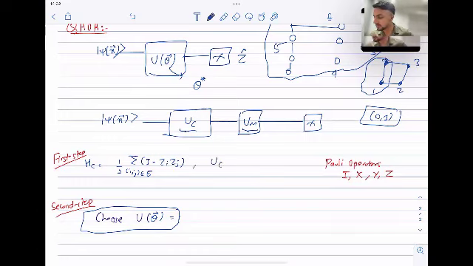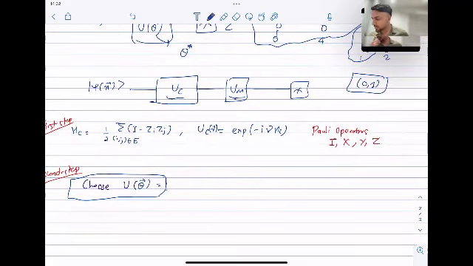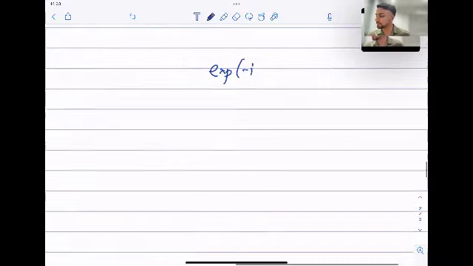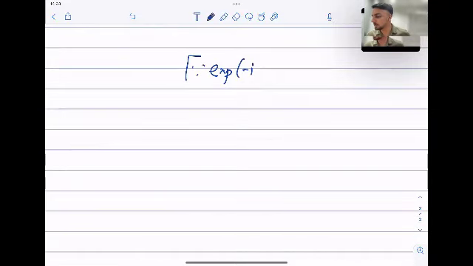UC is actually just defined as the exponential of i times a function of gamma times HC. In this case, if you exponentiate this, the sum will just become a product. Why does the sum become a product? Because of exponentiation of sums, as you learned in school, I hope.